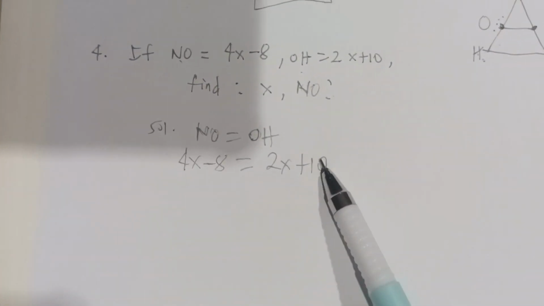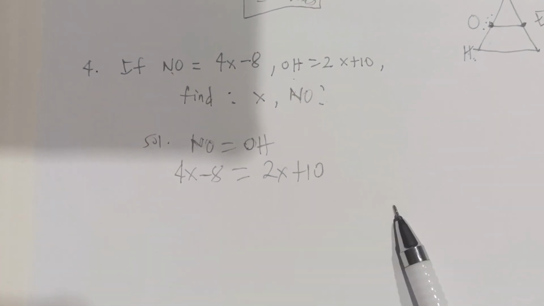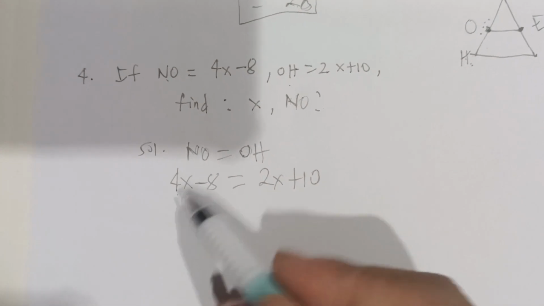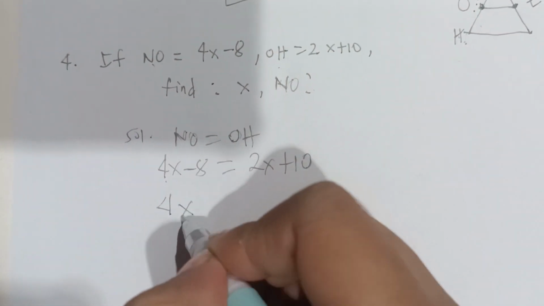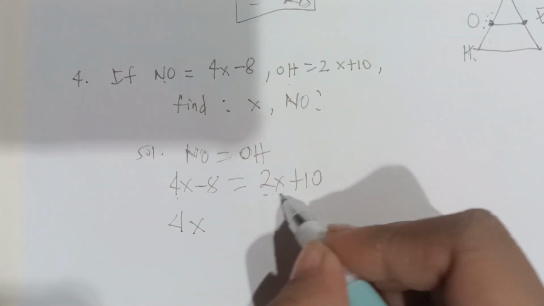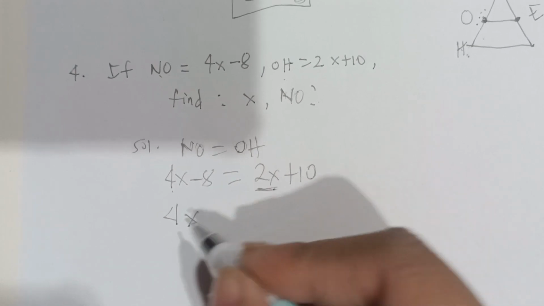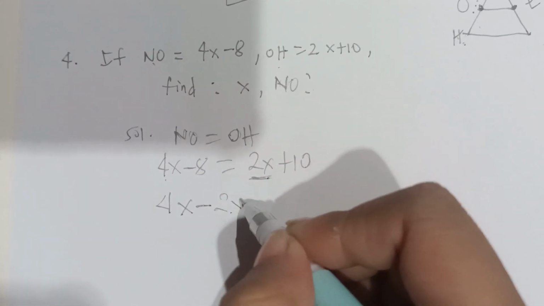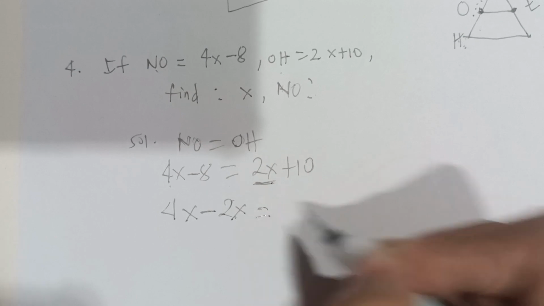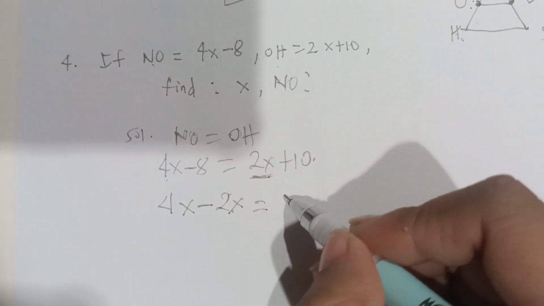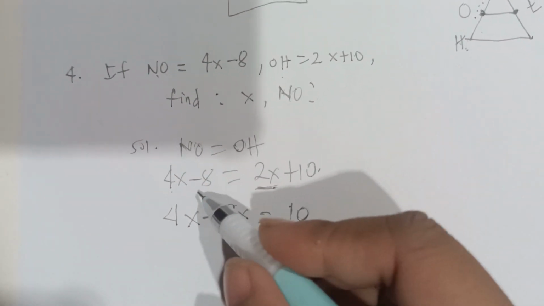Again, our rule: letter to letter, number to number. So, copy 4x here since this is with variable. We're going to transpose positive 2x. It will become negative 2x. Just copy positive 10 and negative 8.